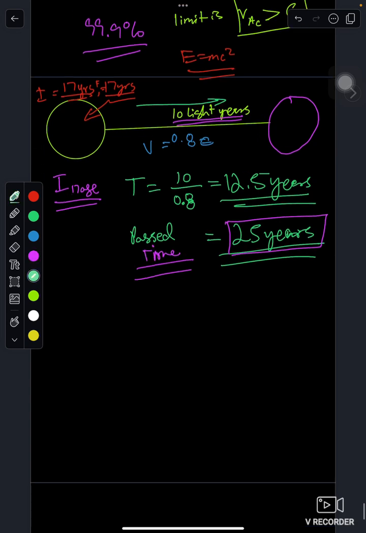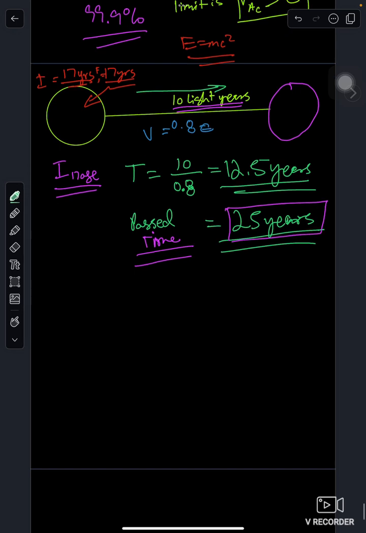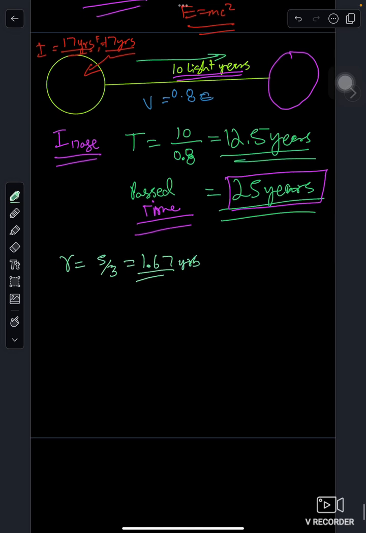Now, when we talk about my time, how much time I experienced, take gamma of 0.8, which is 5 by 3, or about 1.67. The formula for my time is time for me equals time for friend over gamma.